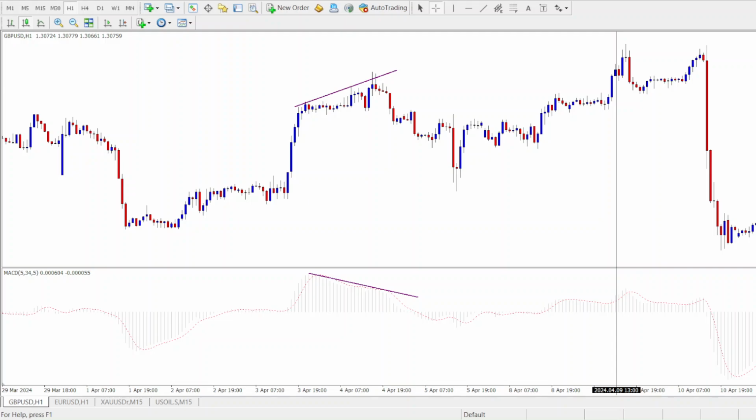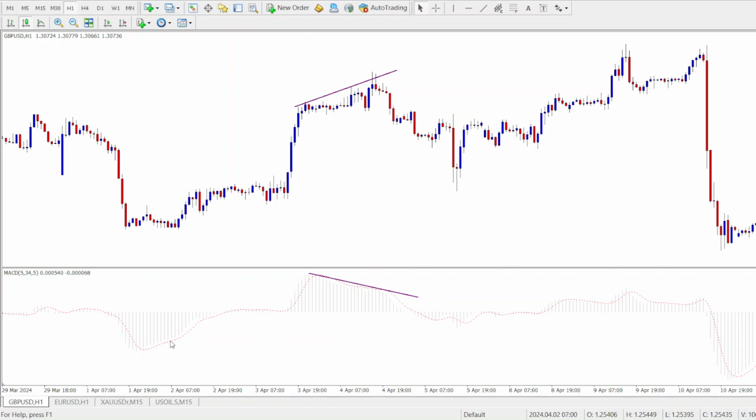So when you are using the MACD, remember that the MACD has a zero line. So when you are looking for divergence, for example, when you're trying to spot lower highs with the MACD, remember that the lower highs should be above the zero line.